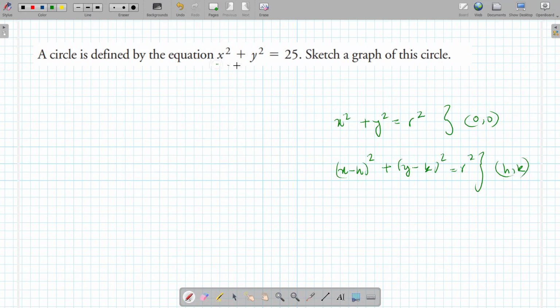So this is the equation that we're given. Where's the center of this circle? It's going to be at the origin because you're not subtracting anything from x. If it was x minus something, y minus something, then that is where the center would be. But in this case, it's at the origin. What's the radius for this equation?